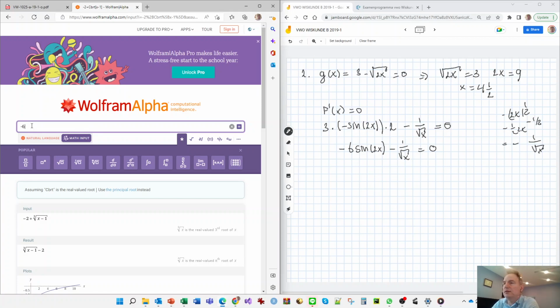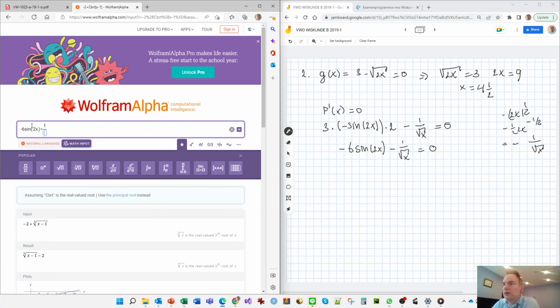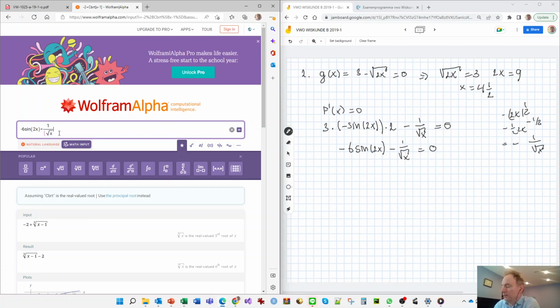So minus 6 sine 2x minus 1 over the square root of x is equal to 0.